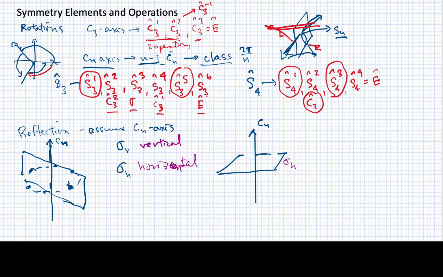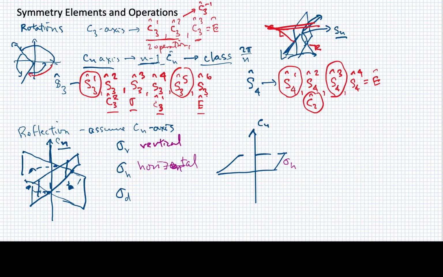There's a third kind of reflection plane, though, that I can see, and that is if I have a series of points like I've drawn here, where these points basically define an n-fold symmetry that is somehow aligned perpendicular to the CN axis. If I should have a plane that cuts directly in between 2 of these points, so in other words, it's bisecting the line between 2 of these points, I would have a special designation for that plane.